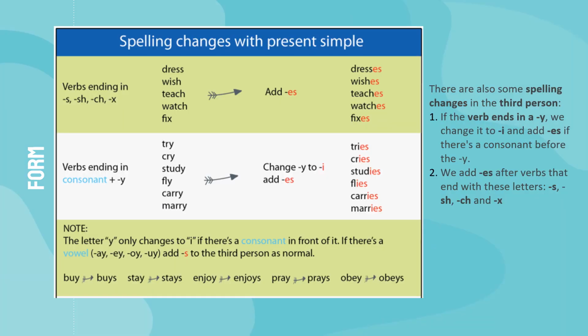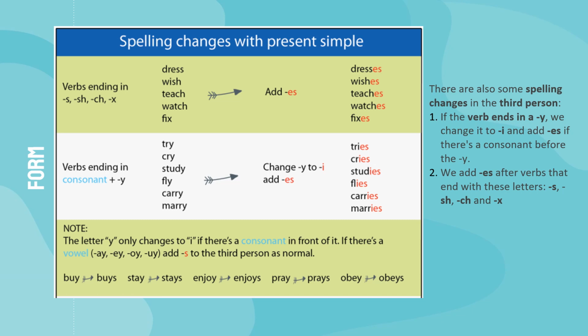There are also some spelling changes in the third person. First, if the verb ends in a y, we change it to i and add es if there's a consonant before the y. Second, we add es after verbs that end with these letters: s, sh, ch, x.